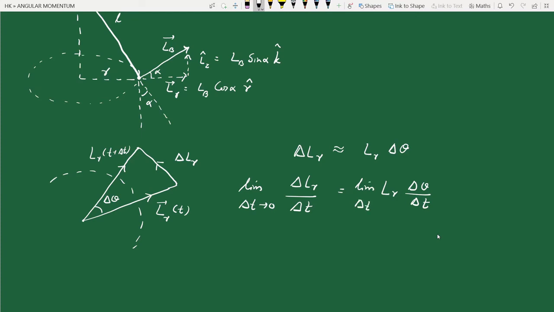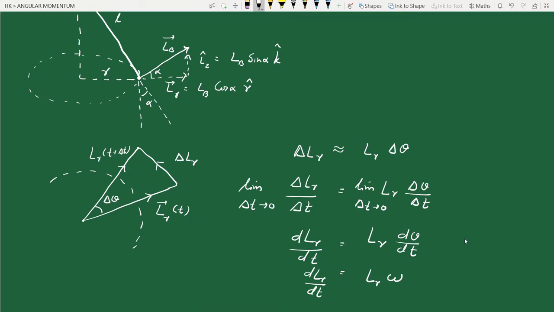Then the left hand side becomes dLR by dt, and the right side is LR into d theta by dt. But what is d theta by dt? It's nothing but the angular velocity omega, the rate of change of angle. So dLR by dt is equal to LR into omega.